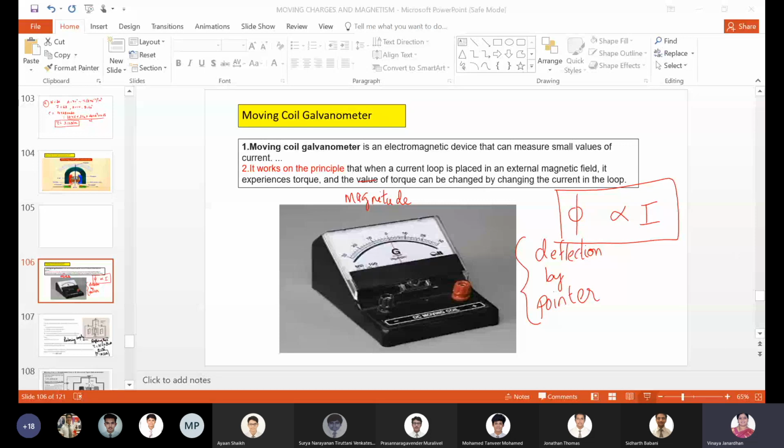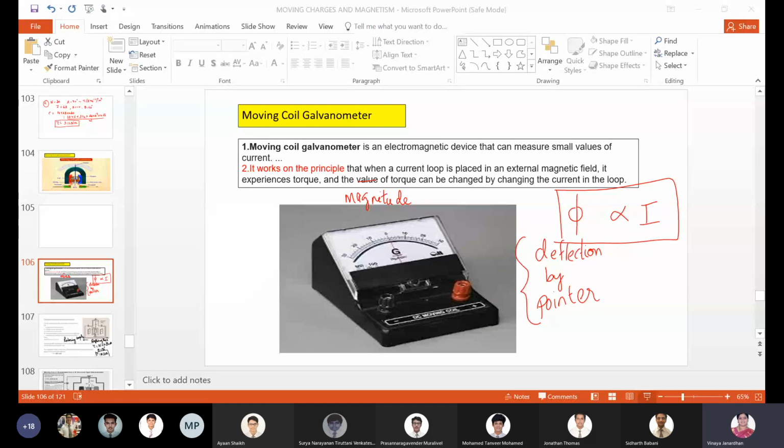Now look at the statement, because it's an important 5-mark question, moving coil galvanometer, or there will be an internal choice of cyclotron. So this chapter is very important. You'll be having all 3-mark questions and 5-mark questions from this. A moving coil galvanometer is an electromagnetic device that can measure small values of current.